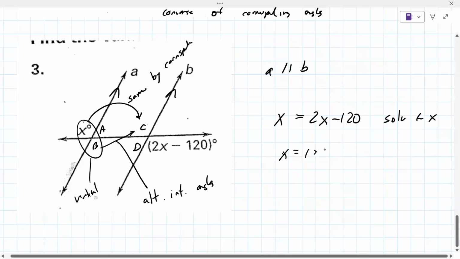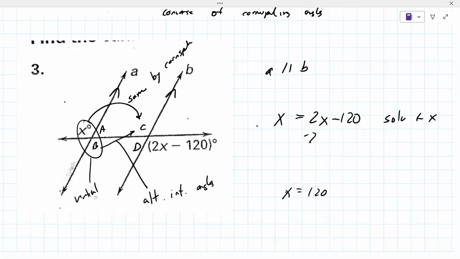Tell me what you did first. Just curious. I'm not saying you're wrong. I put the 2X on the other side with subtraction. I got minus X, which goes to 120. Okay. Very good.